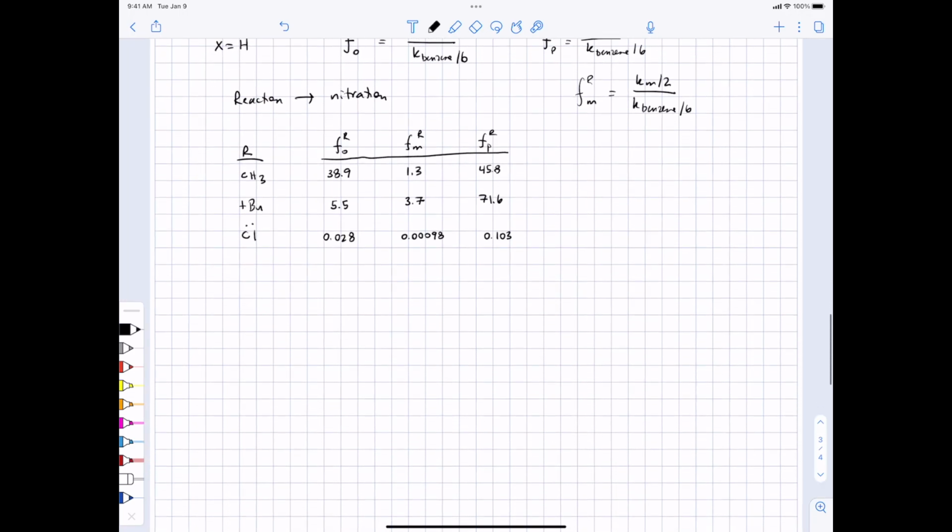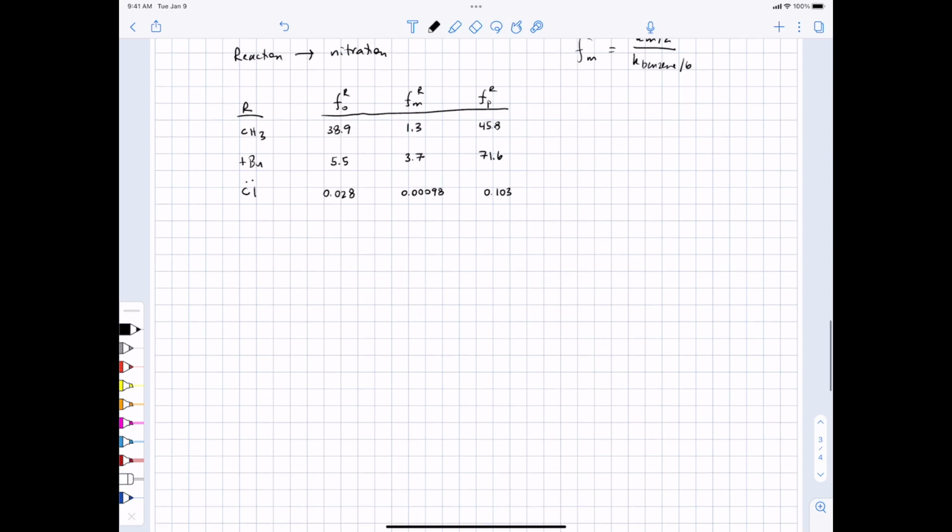For the same reaction, not worrying about regioselectivity, but just looking at relative rate of nitration. Here are some data: if proton is 1, then OH is 1,000 times more.